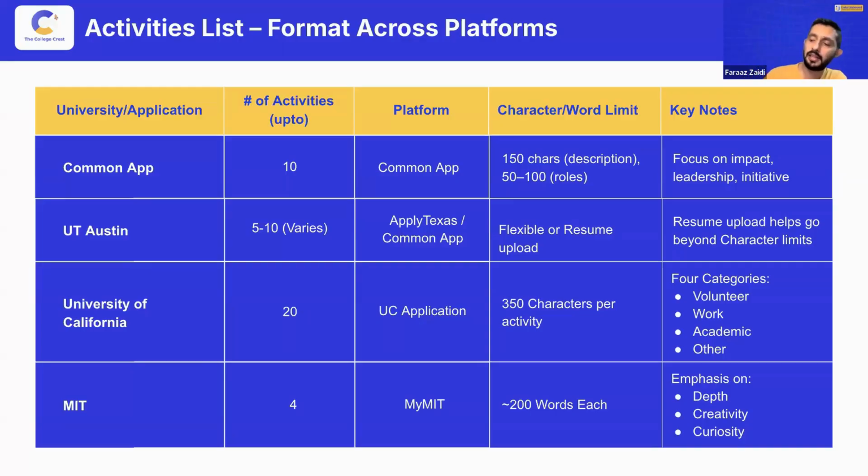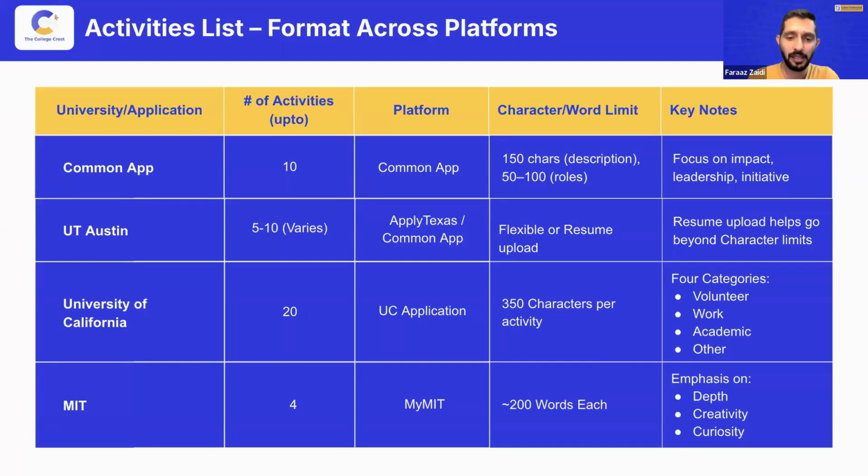So for students who start thinking in terms of the Common Application platform, your 4 MIT activities are largely your capstone activities. It's the same statement that I had repeated for UT Austin. When you're moving into your UC system, it's much more about showcasing your overall profile, your overall activities, moving a lot into the breadth aspect as well.